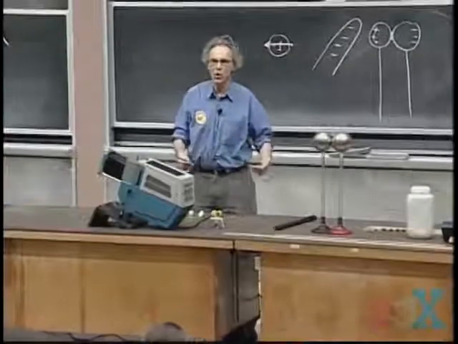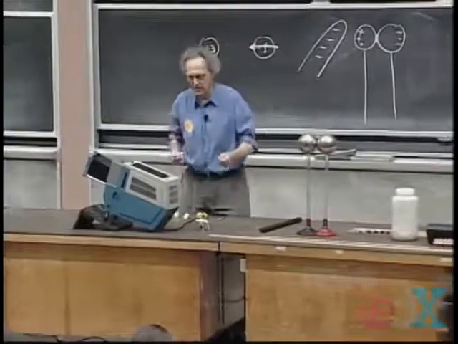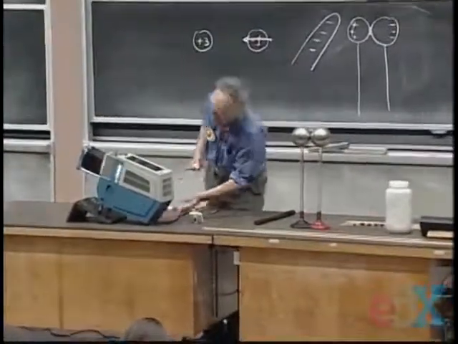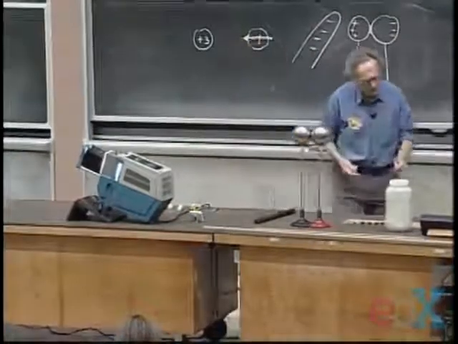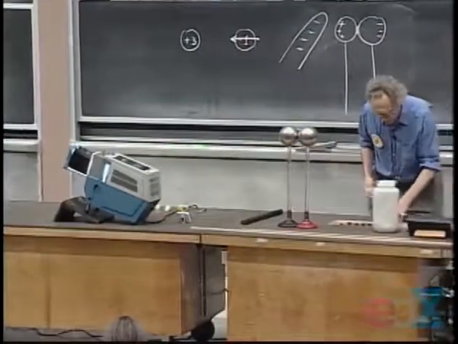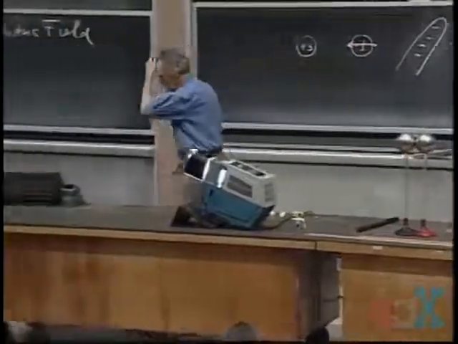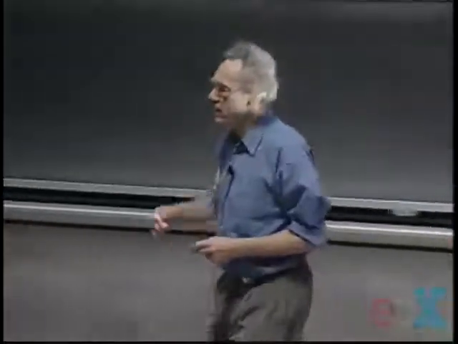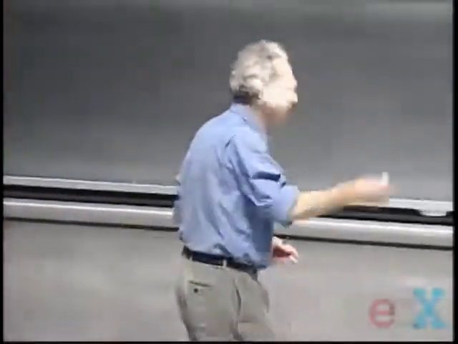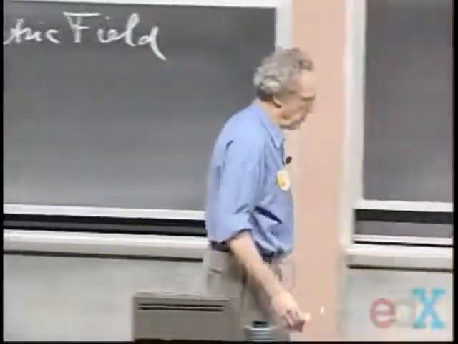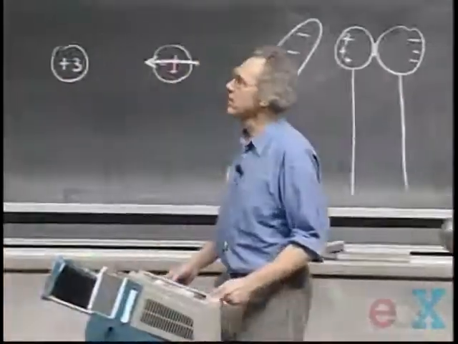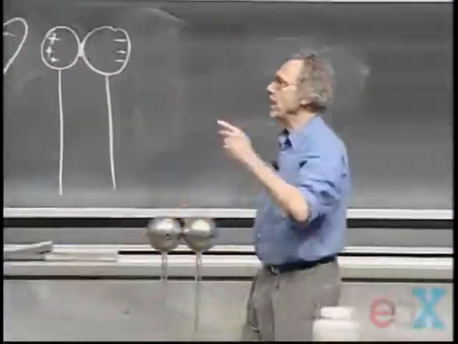I will not show you that the amount of charge is exactly the same on each, which of course it has to be. So let me give you some better light, or we have to get the view graph, the overhead, off. You see there for the first time an electroscope. We discussed it last time. It is a piece of aluminum foil, very thin, with a metal rod next to it.